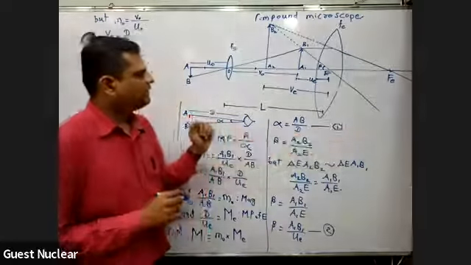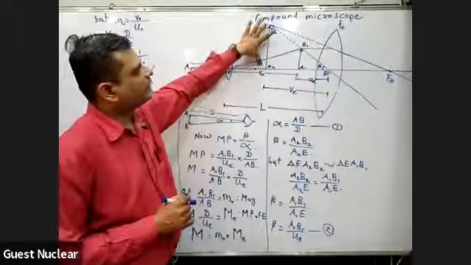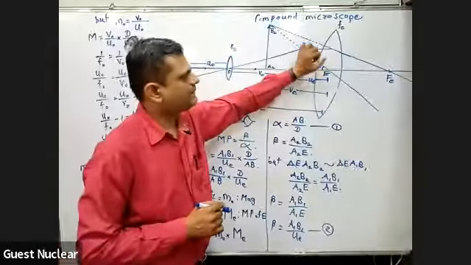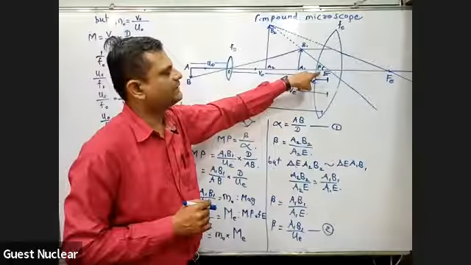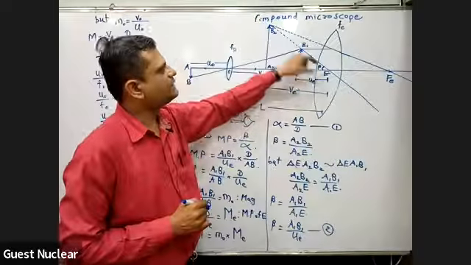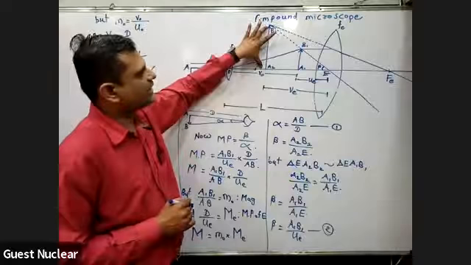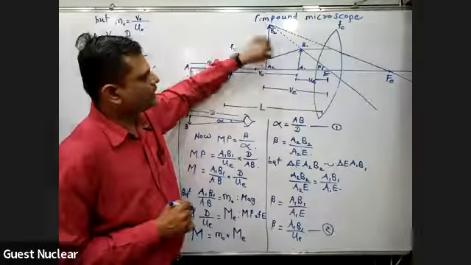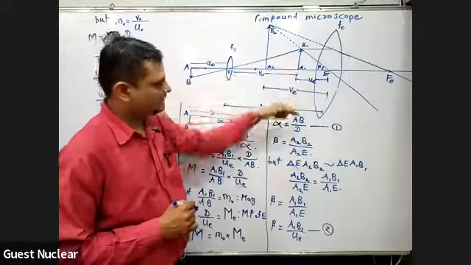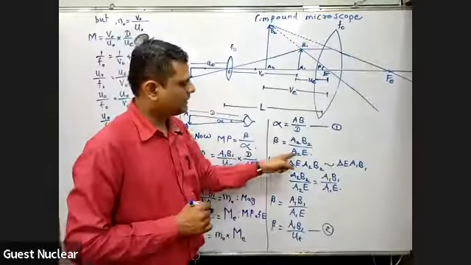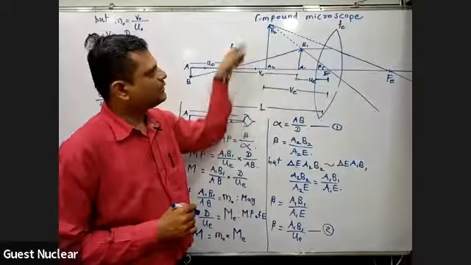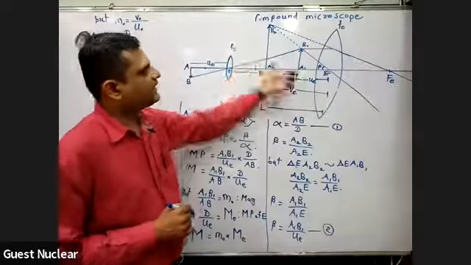Okay, now we can compare the final angle subtended by the final image on the eyepiece here, which is denoted by beta. This beta is going to be equal to the opposite side upon radius, or arc upon radius. So A2B2 upon A2E will be the beta. But as we can see, these 2 triangles are similar, and that's why their sides are in proportion.